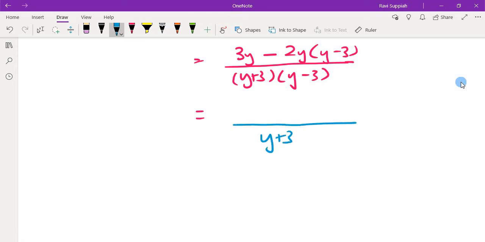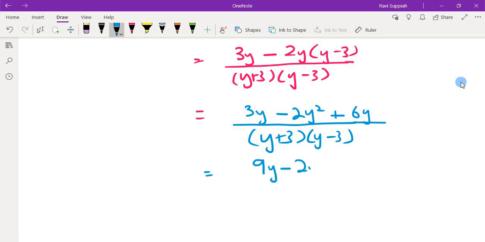So 3y minus, 2y times y is minus 2y squared, and this is plus 6y, minus times minus is plus, 2 times 3 is 6. So I have 3 plus 6, 9y minus 2y squared over y plus 3, y minus 3.